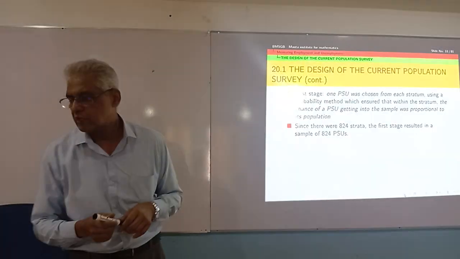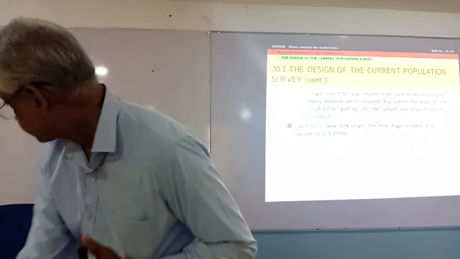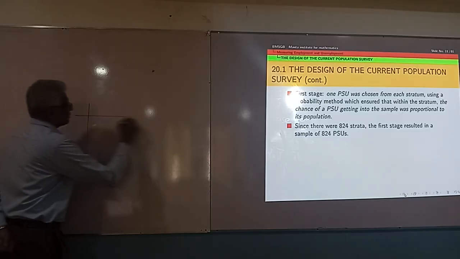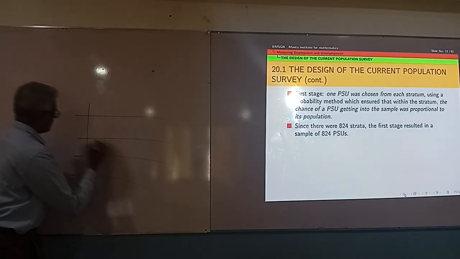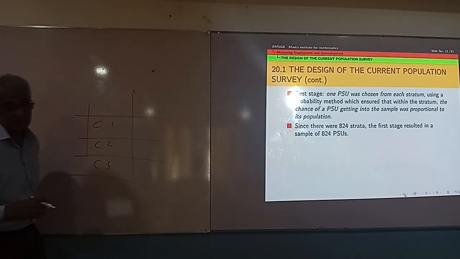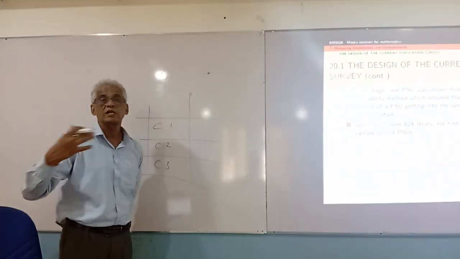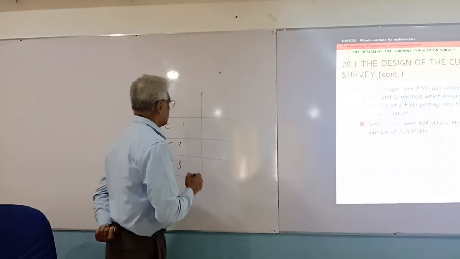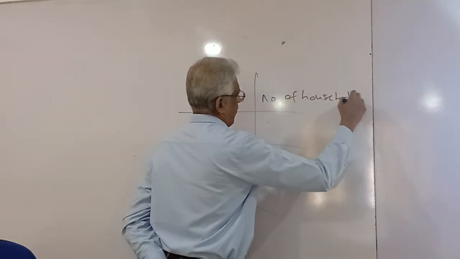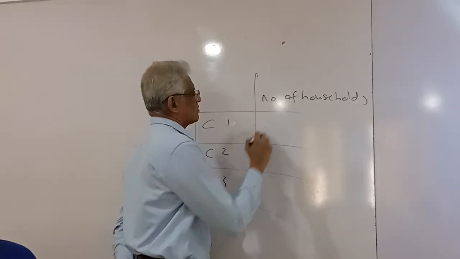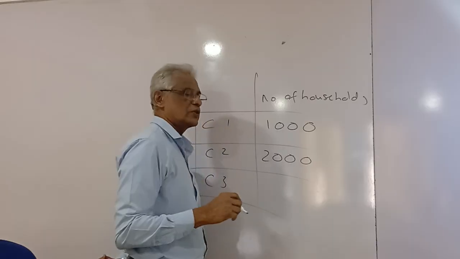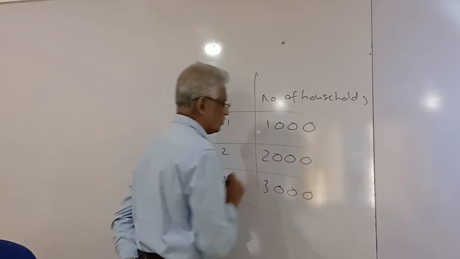Let me briefly explain what that means with an example. Suppose in a PSU there are 3 counties: county 1, county 2, county 3. From the previous census, we know their population size, how many households are in each. Suppose we know there are 1,000 households in county 1, 2,000 households in county 2, and 3,000 in county 3.